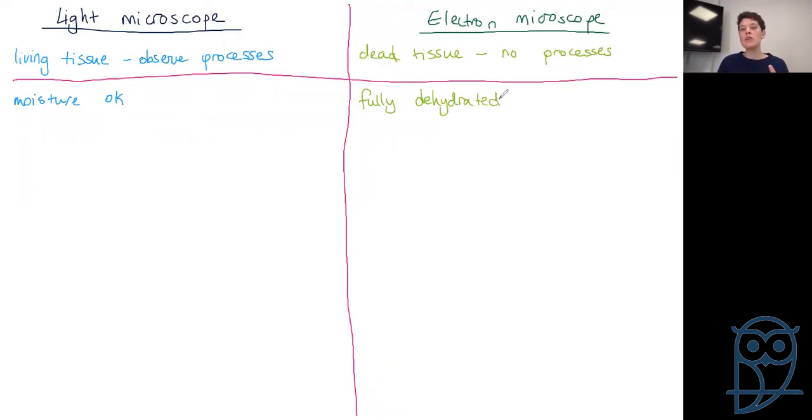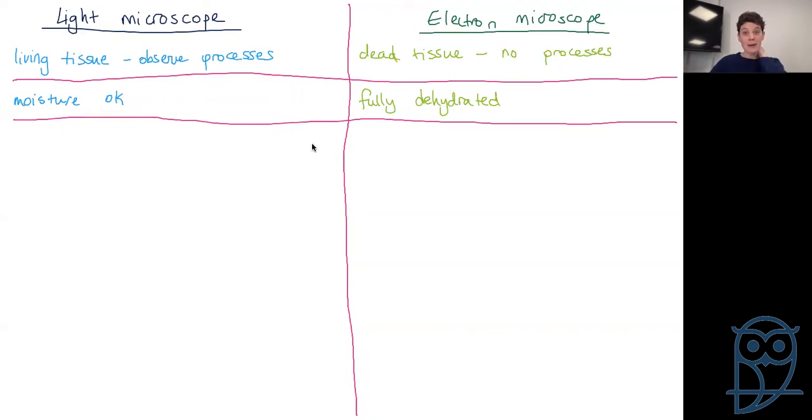Your specimen, your electron beam, and your screen are all in a vacuum. And therefore, if you have any water in there, you're going to have boiling at a very much lower temperature than you would normally. And of course, boiling water in your specimen will create a massive problem in terms of what you're looking at. So for an electron microscope, we need to have that fully dehydrated. So that's why I say it's deader than dead.